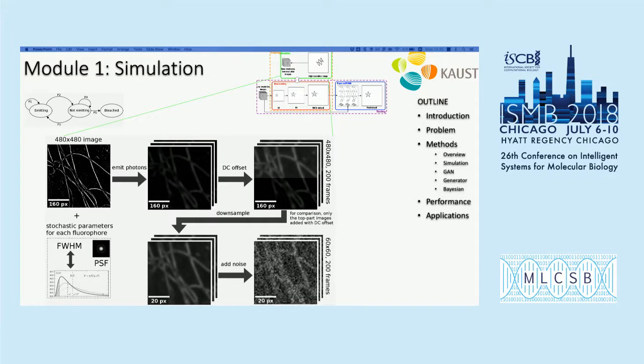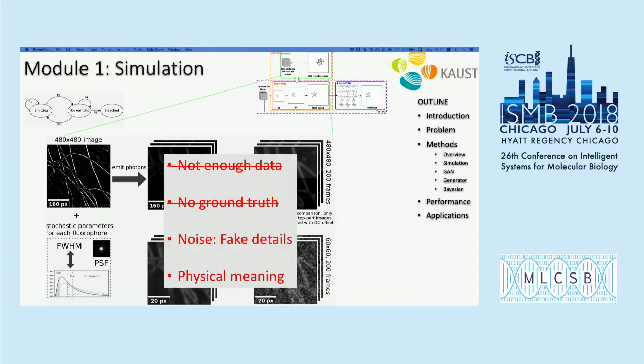Specifically, we use the hidden Markov model for the fluorescent protein modeling, and also the Fourier point spread function. To make the data more similar to the real data, we also added the DC offset, and then did sampling and added the final Gaussian noise. So with this simulator, we solve the data problem and the ground truth problem. And with this data, we can now train a deep learning model.